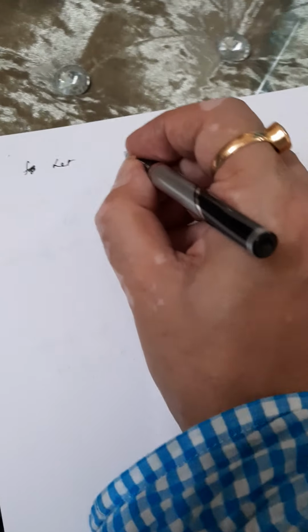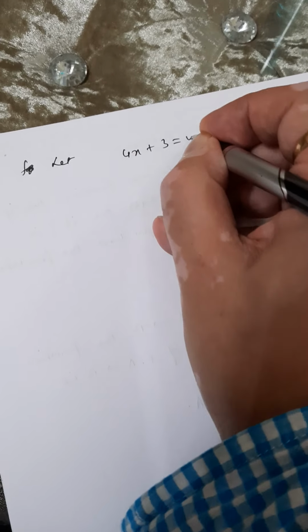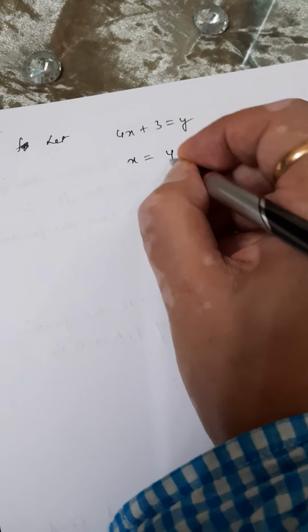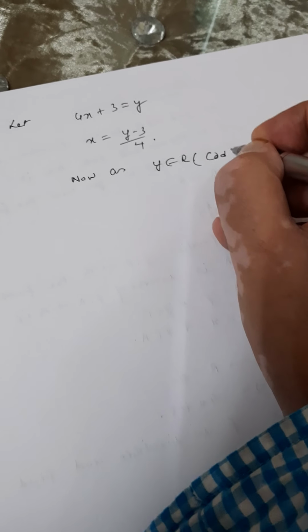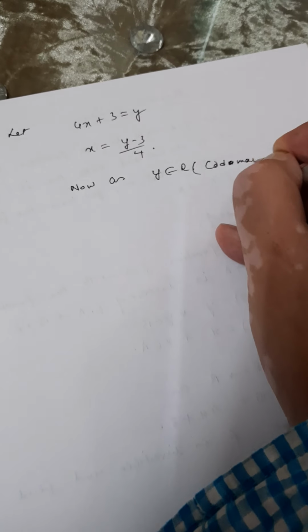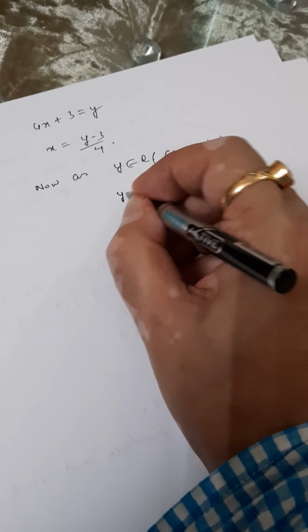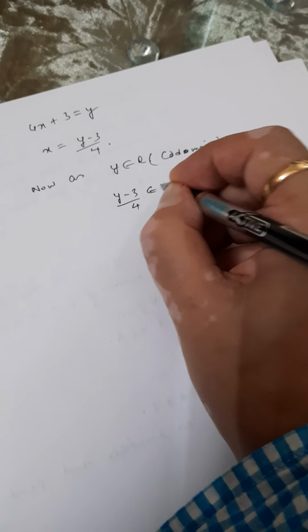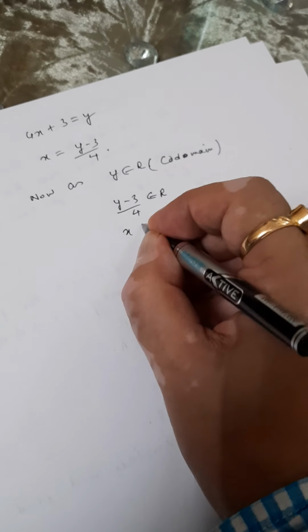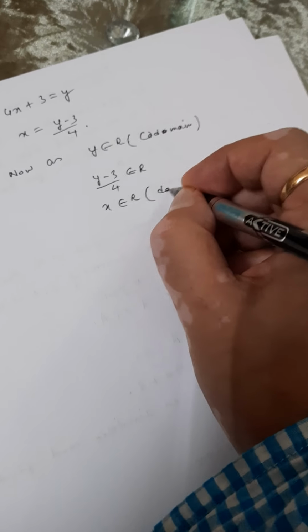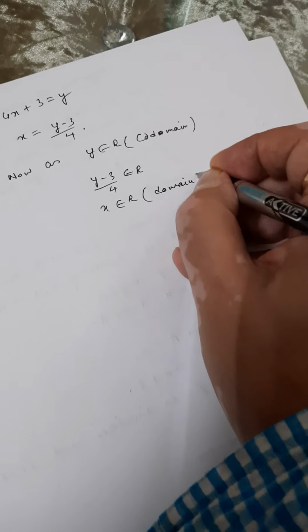Now for onto, let 4x plus 3 equal y. So x is (y minus 3) by 4. Now as y belongs to R, that is the codomain, so (y minus 3) by 4 also belongs to R. So x belongs to R, that is the domain.